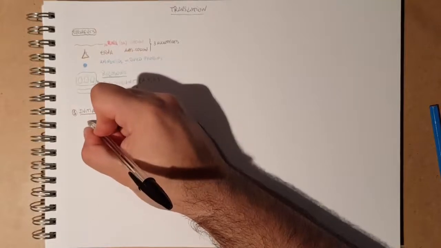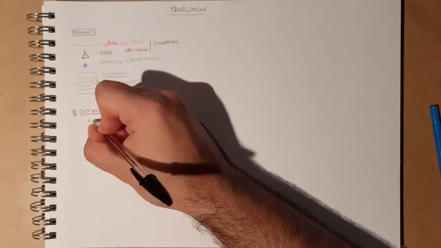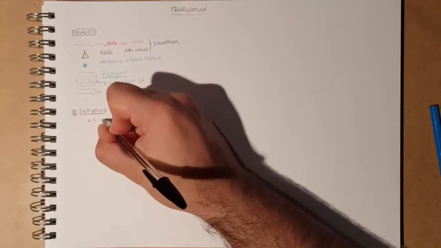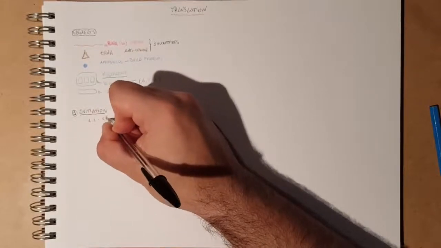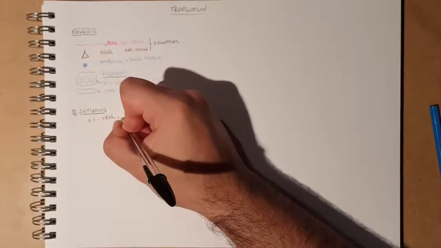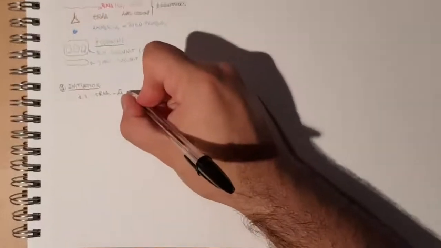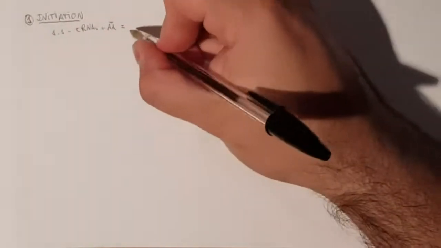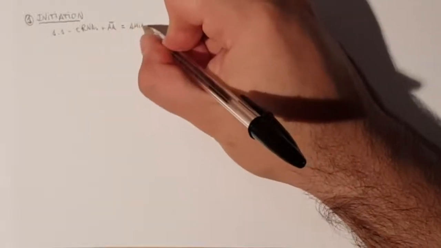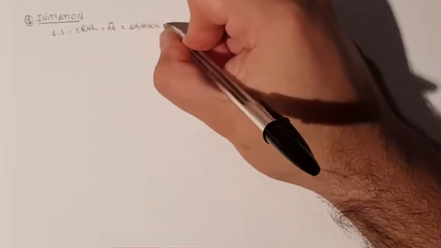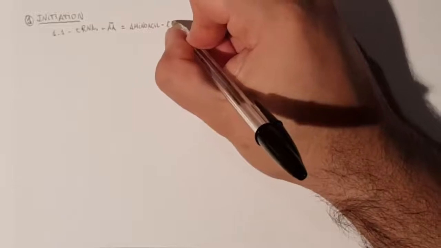We're going to call it 1.1: tRNAs plus amino acids, and we're going to obtain something that is called the amino acyl tRNA. That is going to look like this.